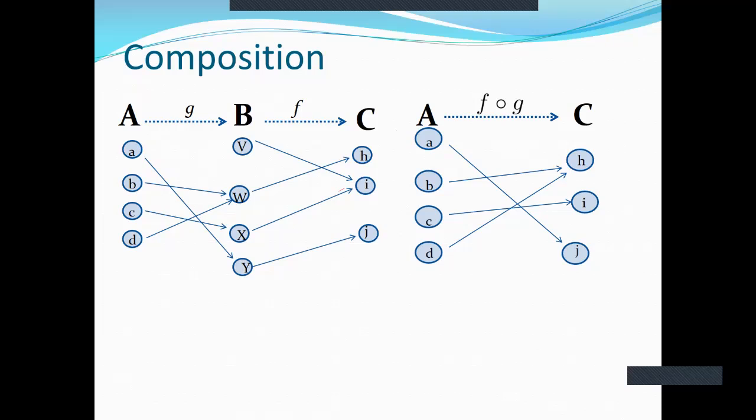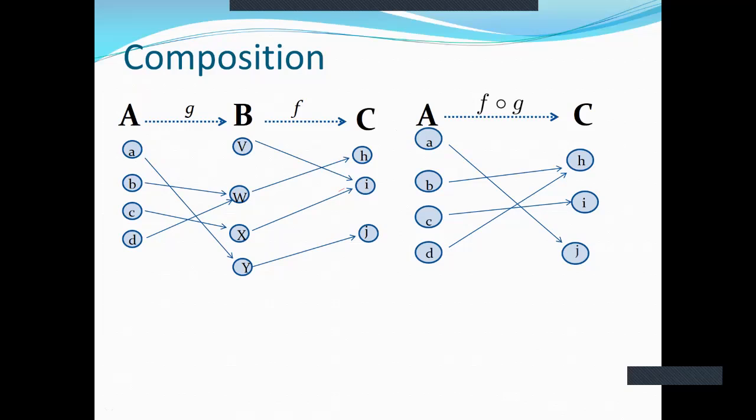And then we can directly map A to C with the help of this composition F of G. So first of all, we need to compute G. For example, A is mapped to Y with G. So we already computed G, that is returning Y, right? And then we can compute F of Y. So F of Y is Y to J. So directly for F of G we can write A to J.